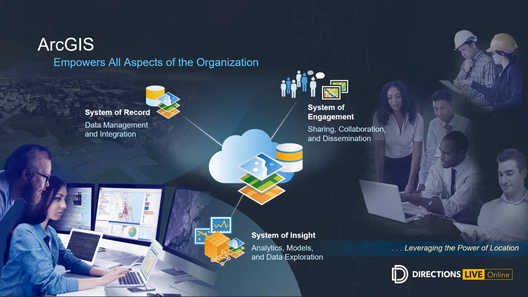And lastly, a system of engagement is to open up GIS to a much larger community in your organization. These three cornerstones are the fundamental design of the ArcGIS system, leveraging the power of location and bringing all this together. Typically in IT, these are separate systems, but by design, in ArcGIS, this is one system and gives us huge synergy. And this technology continues advancing.